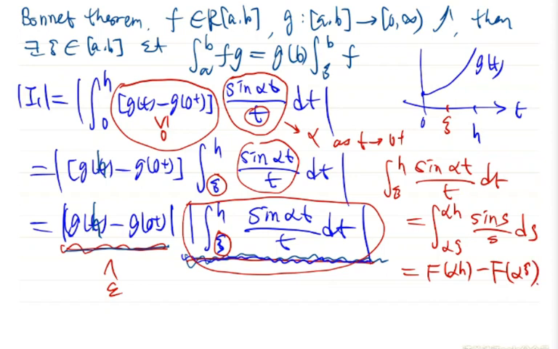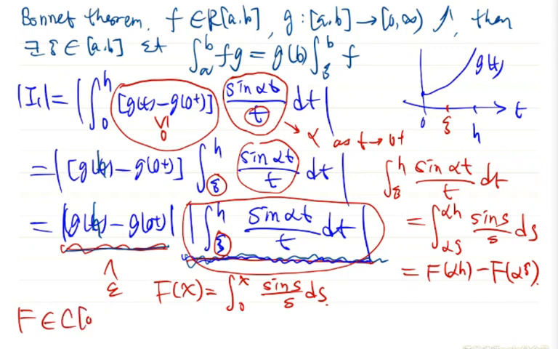But what is the capital F? Capital F(x) is the integral from 0 to x of sin s over s ds. We use this function. Then we know that capital F is continuous for 0 to positive infinity.